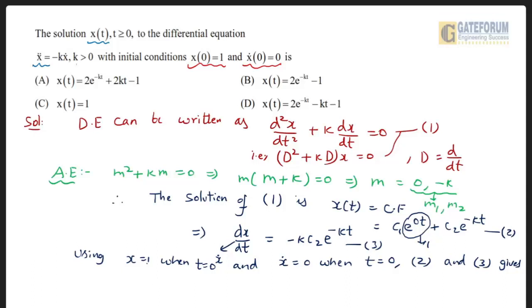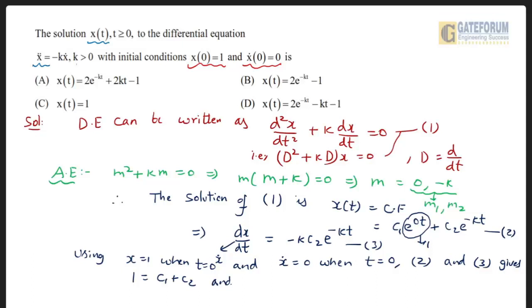X value 1 means x of 0. So 1 is equal to C1 e power 0 plus C2 e power 0, e power 0 value 1, so C1 plus C2 equals 1.